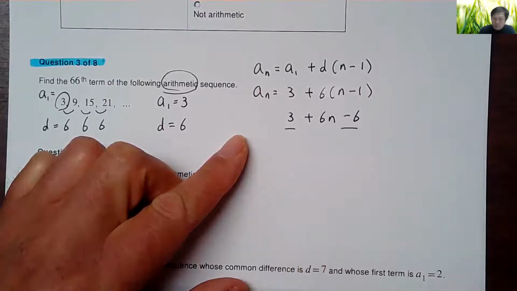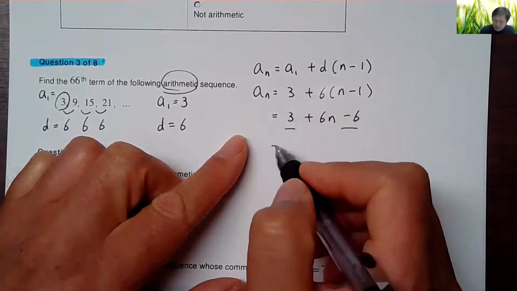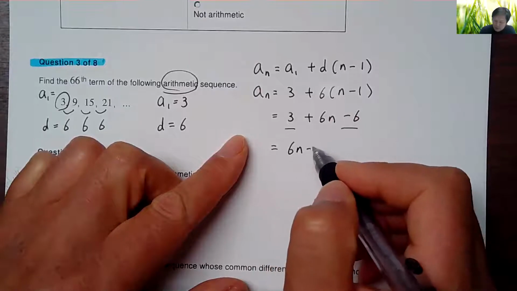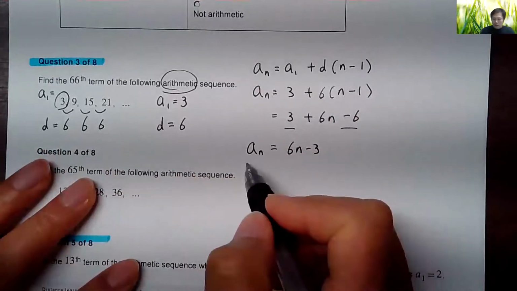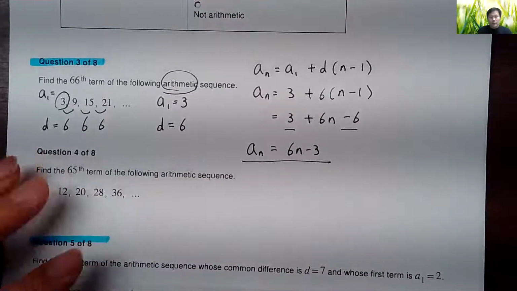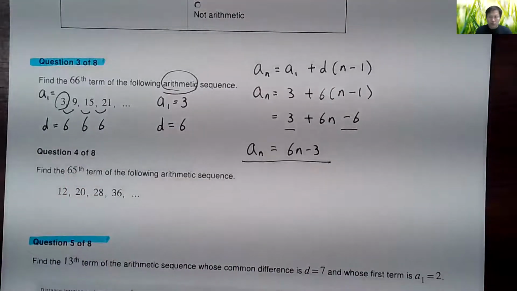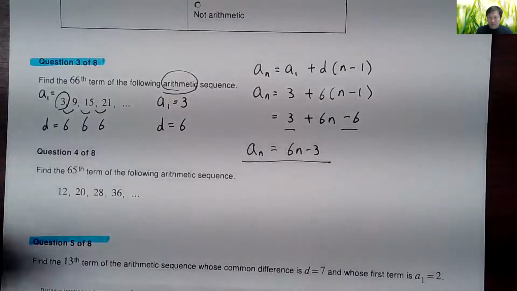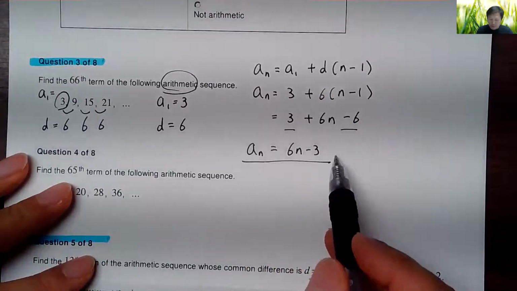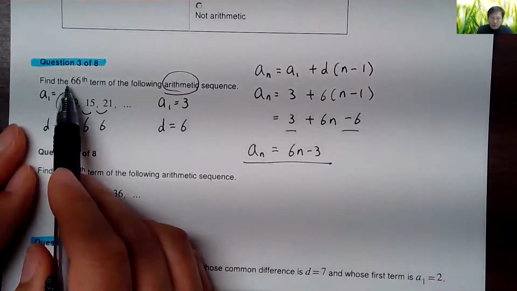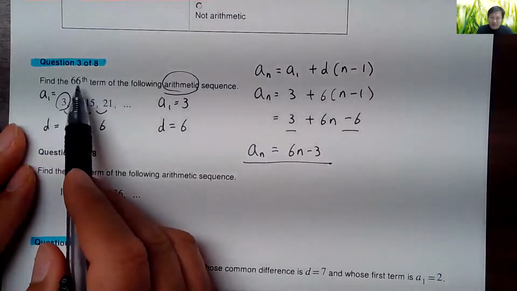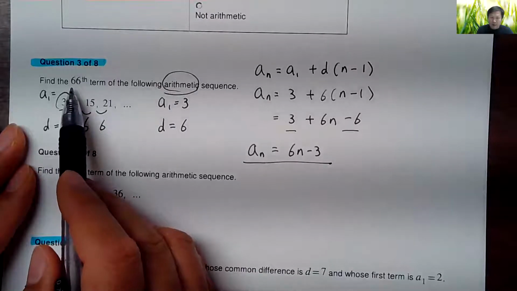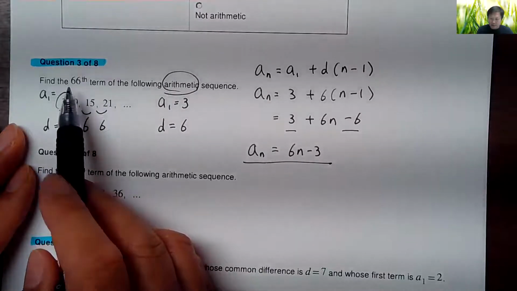Now you get to combine like terms here, which becomes 6n minus 3 will be a sub n. So if they ask you find the nth rule, nth term, or rule for nth term, that's gonna be your answer. Here we want you to find 66th term, meaning value of n becomes 66.